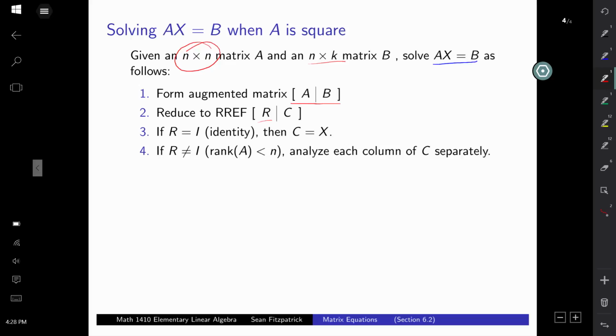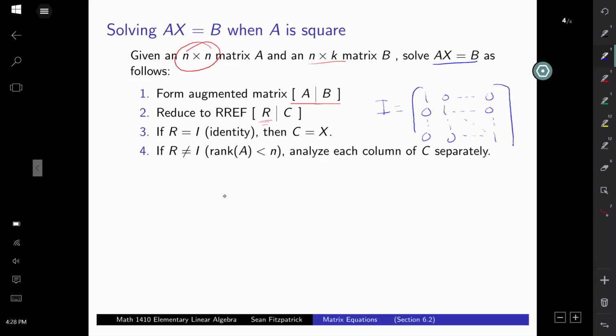And it's whatever is to the left of the bar that's going to tell us when we're in the reduced row echelon form. Now, if we are in this situation where the reduced echelon form is the identity, remember the identity is this matrix that has 1, 0 all the way across, 0, 0, 1, it's exactly this matrix that you expect when you're in the case of a unique solution, then the matrix C on the right is going to be the solution that we're looking for.